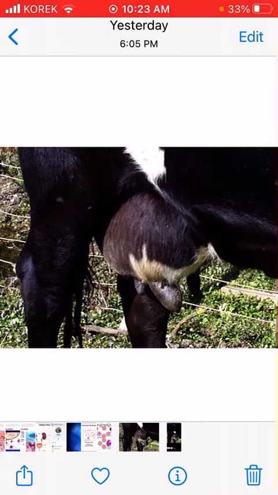In fungal infections we have Trichosporon species, Aspergillus fumigatus, Cryptococcus neoformans, and Candida. Those are the fungal infections.